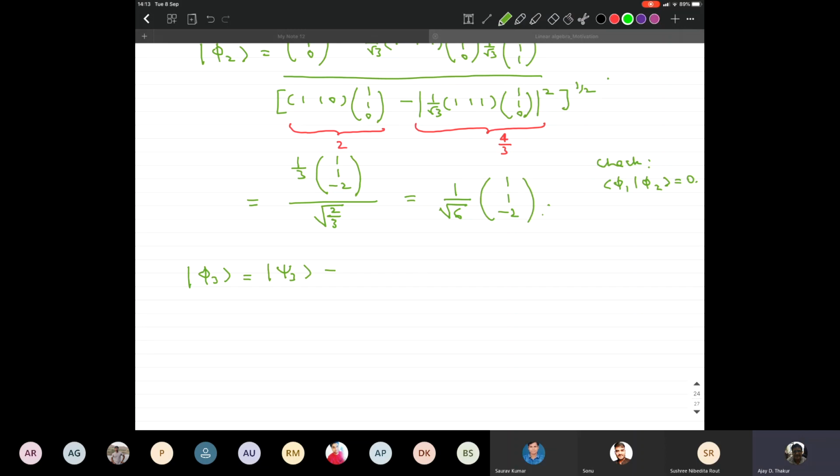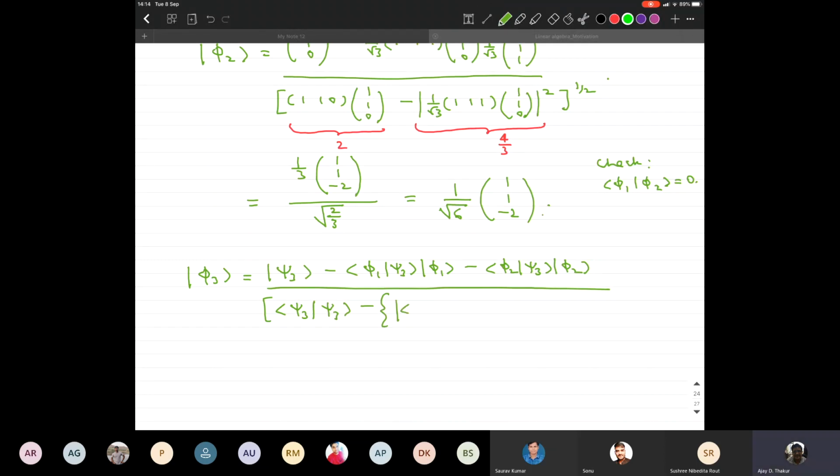Phi3, psi3 minus phi1 psi3 component about phi1 minus phi2 psi3 component about phi2 and then divided by the norm, which is going to be psi3 minus, we are going to have a phi1 psi3 mod square plus phi2 psi3 mod square.